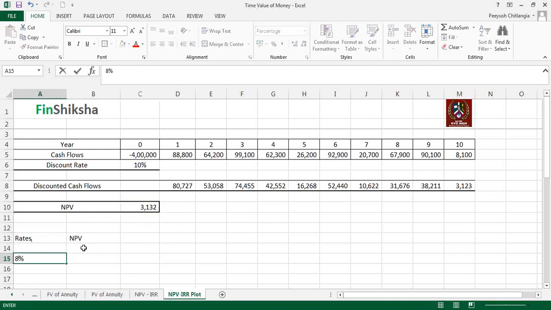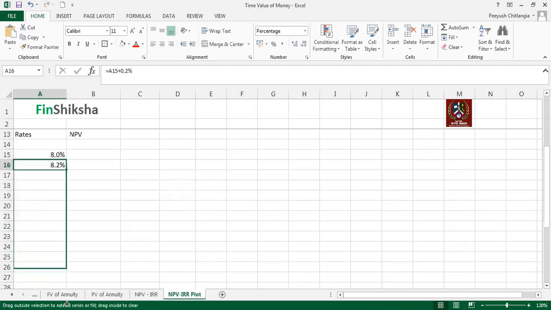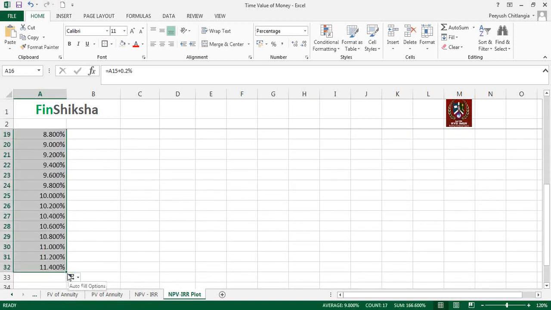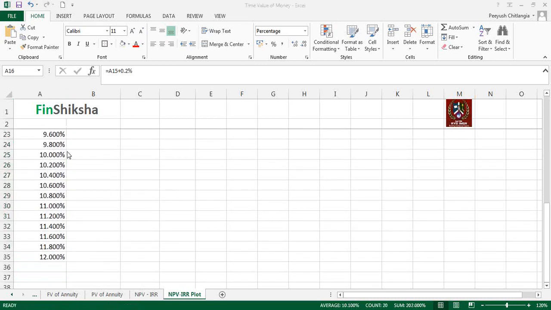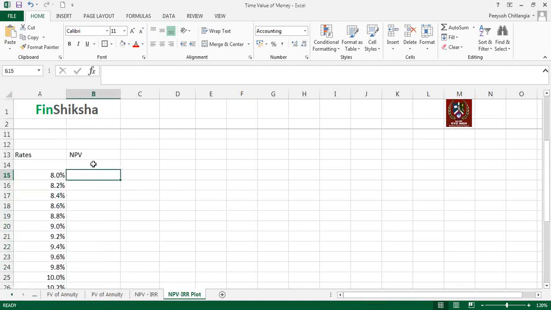And let's say the rates are like 8%, and we keep adding 0.2% to that, 8.2, and so on and so forth. Let's say we want to plot till about 12%, right? So we want to plot the data till about 12%, and we'll see how it makes sense.